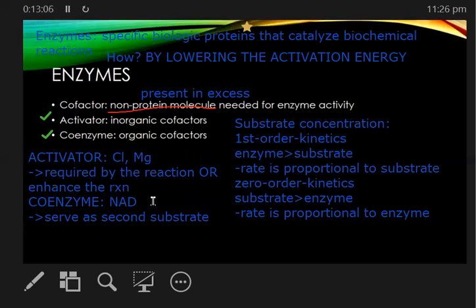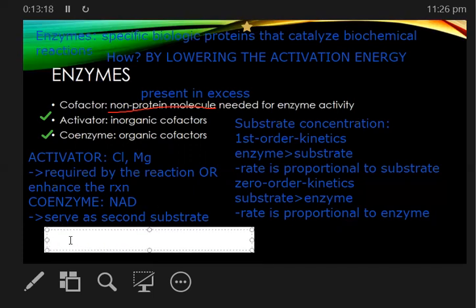Remember, most of the enzymatic reactions that we have usually involve interconversion, meaning the reaction is basically reversible. So there is the interconversion of nicotinamide adenine dinucleotide to its reduced form, reduced nicotinamide adenine dinucleotide. That is how you read NADH.